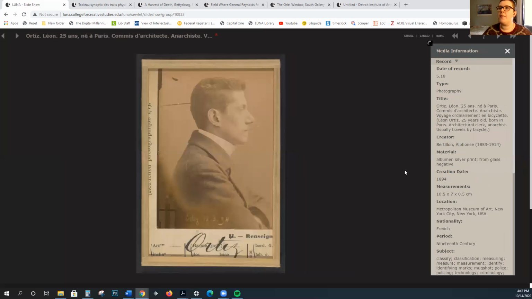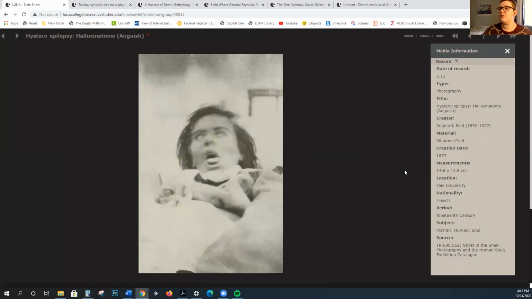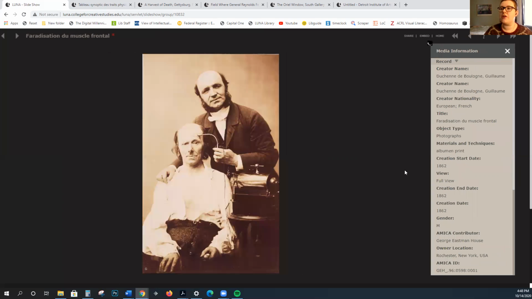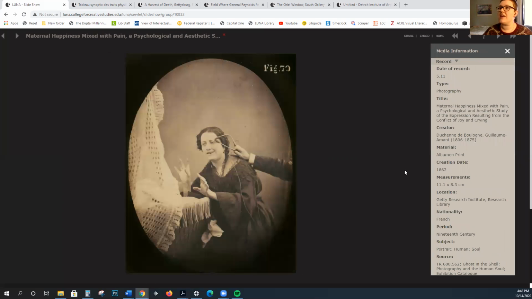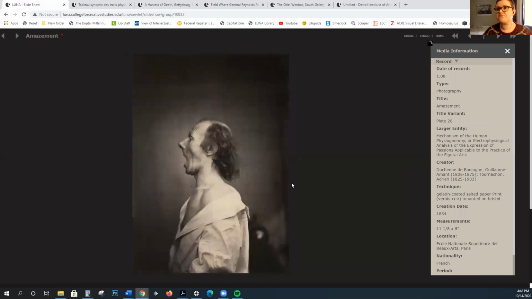Okay. And you also see it to capture medical events, as well as starting to study how various elements of the face are involved in expression. And so what you're seeing here is this photographer would manipulate various nerves on the subject's face in order to create various expressions of emotion.